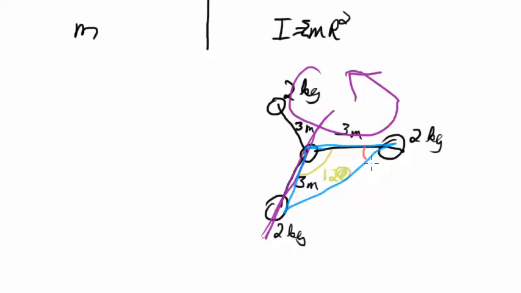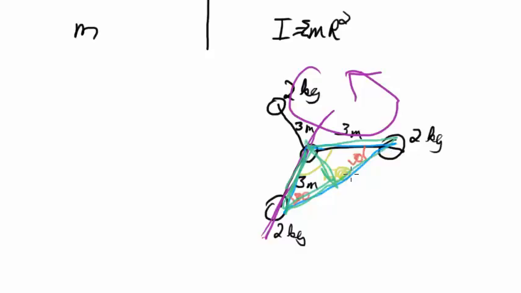I'll split that isosceles triangle into two right triangles, and now I can use this distance is r sine 30, and this distance is r sine 30, and in this case r is 3.